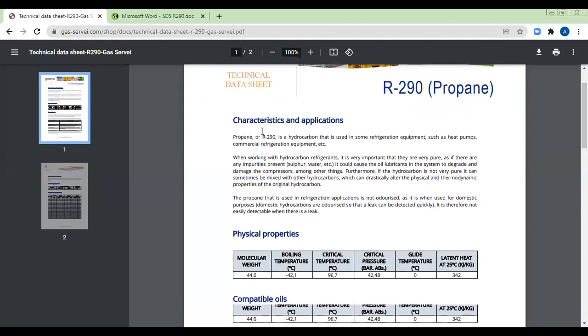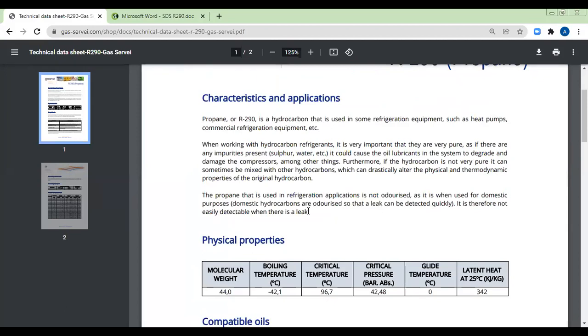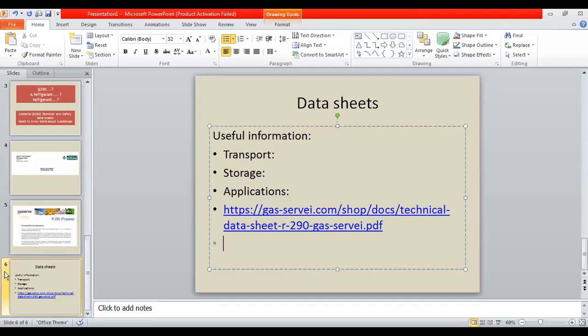Let me put the link here. I am passing you the one-time notes afterwards, so you can look into this after.